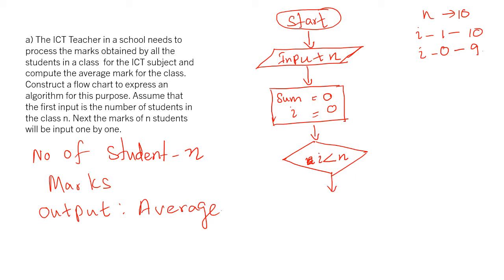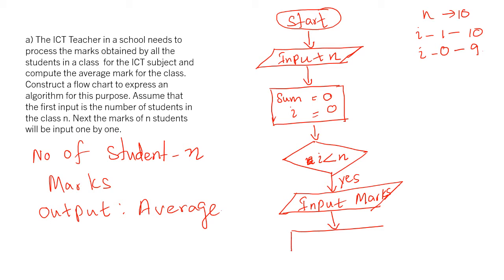If this condition is true, if the answer is yes, I is lesser than n, then what you do? You're going to input the student mark. Input marks. Then these marks should be added to the total. All the marks should be added.